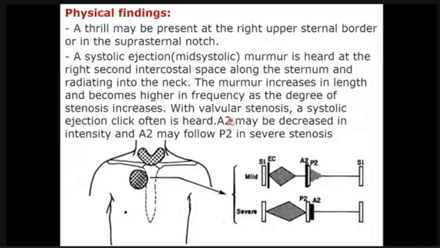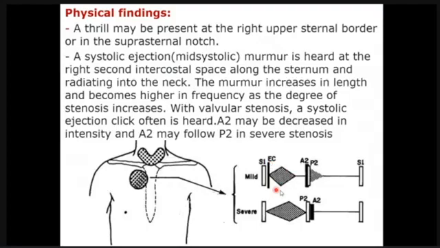A2, which is the aortic component of the second heart sound, may be decreased in intensity because the valve doesn't close normally, and it may even follow P2. Normally, A2 comes before P2. In the case of severe stenosis, A2 may even follow P2 because of the very long ejection time across the aortic valve.